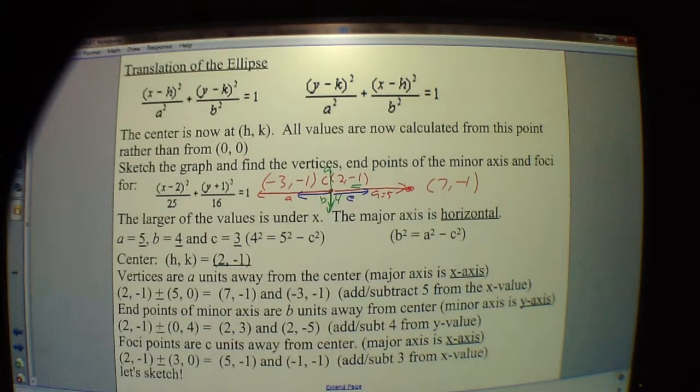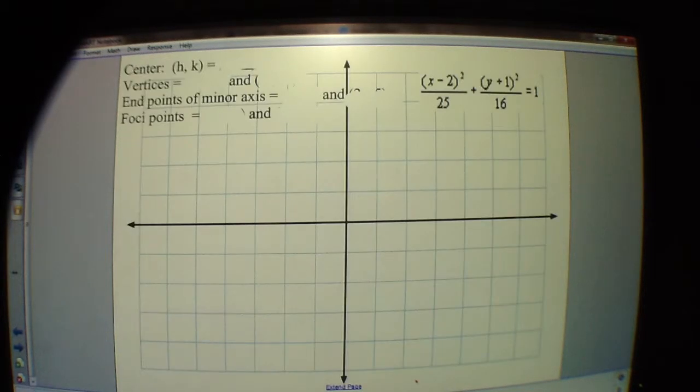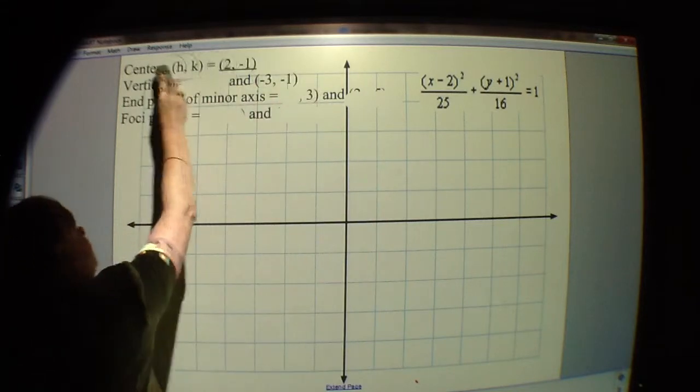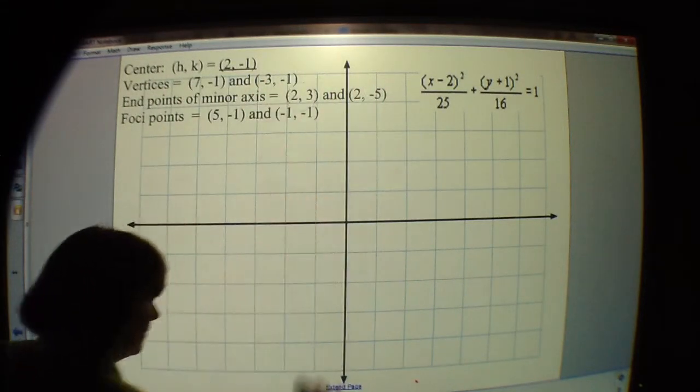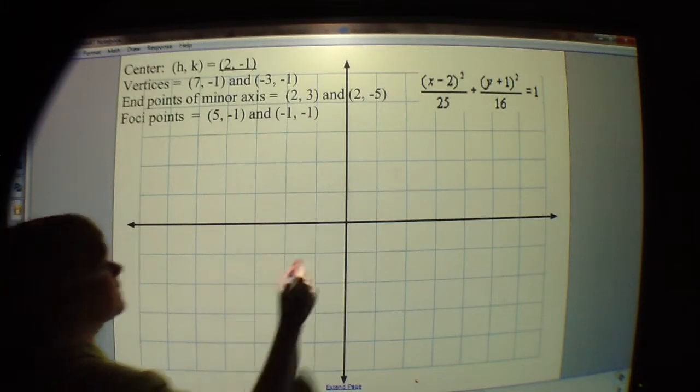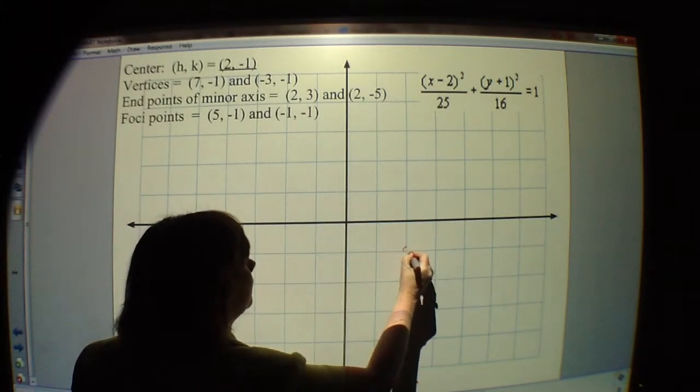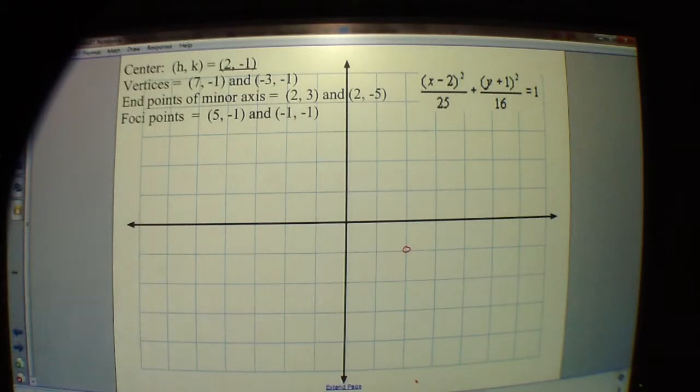And I would have been sketching this as I was going along, because I kind of did up here, but I didn't have enough room to do it. So let me just do the quick sketch. My center is 2, negative 1. So there's my center, 2, negative 1.